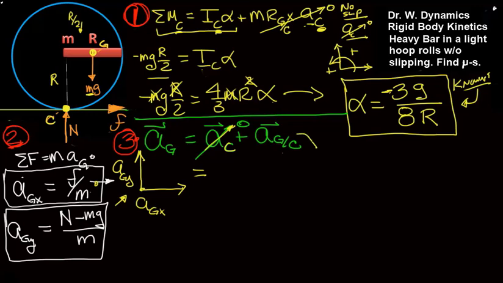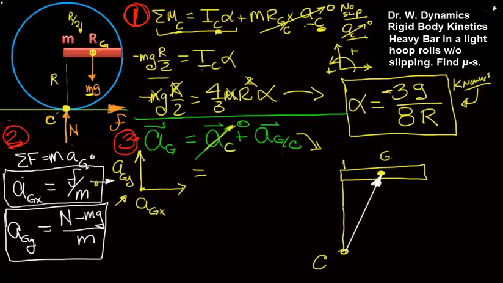Now this, the acceleration of G with respect to C, let's look at that carefully. Here is the bar with G in the center, and here we are down at point C, the contact point. So that makes G with respect to C here, and we're watching G from there, and it's going to have two possible types of accelerations that we could observe.